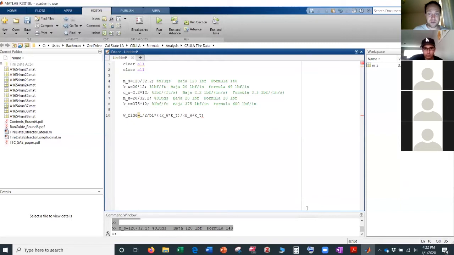Right, so that's the effective stiffness divided by mass sprung.